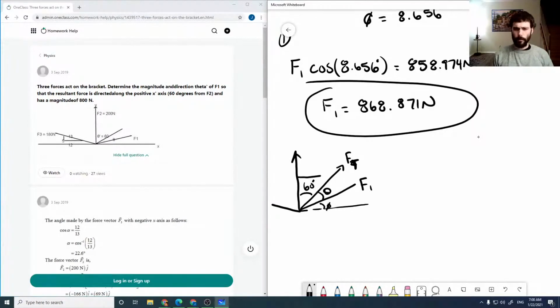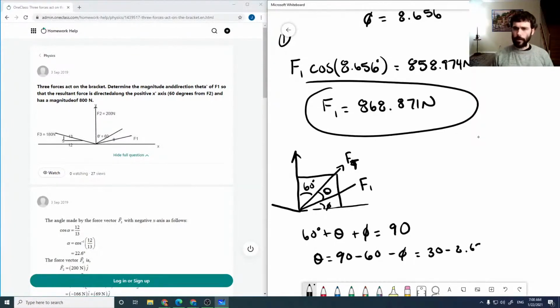And so then recognizing that that's a 90 degree angle, 60 degrees plus theta plus phi is equal to 90. So then theta is 90 minus 60 minus phi, which is 30 minus this 8.656, which comes out to be 21.344 degrees.